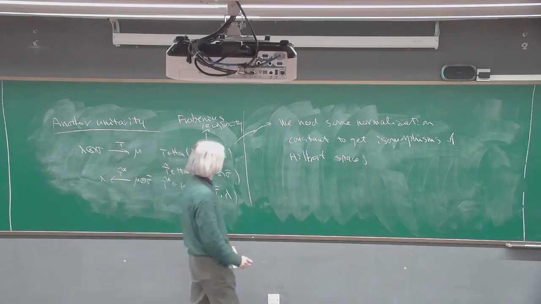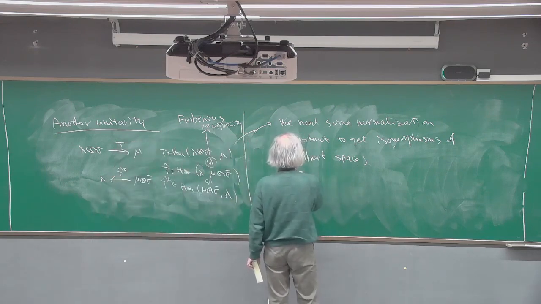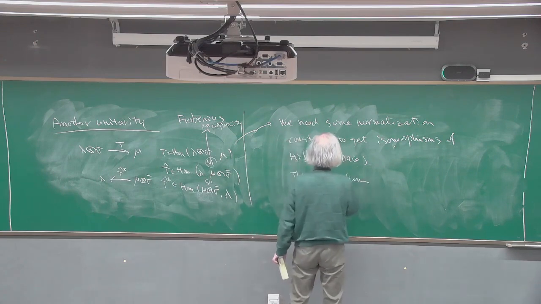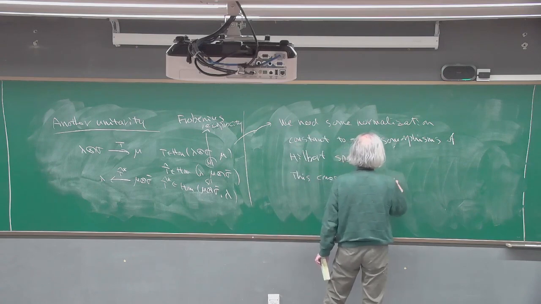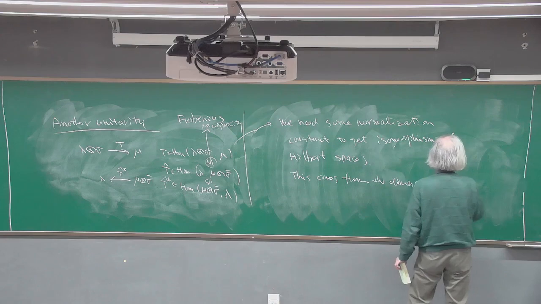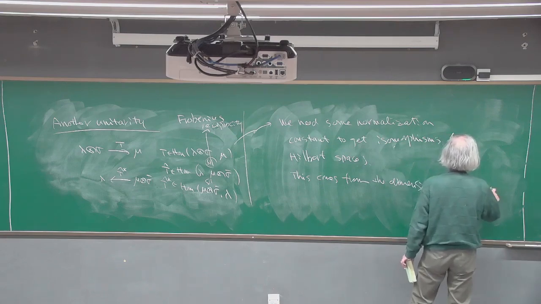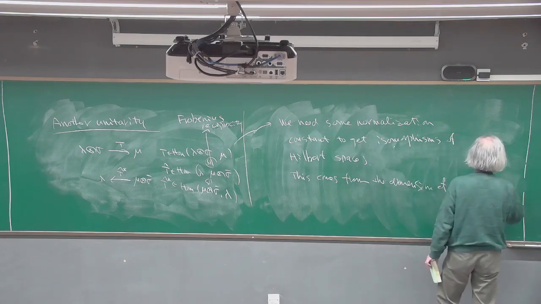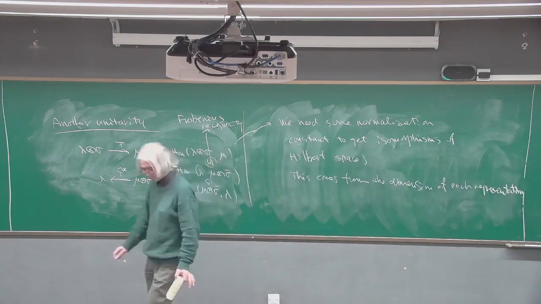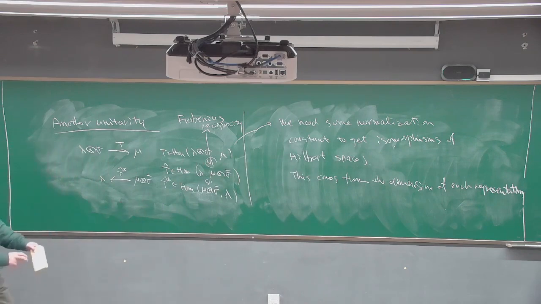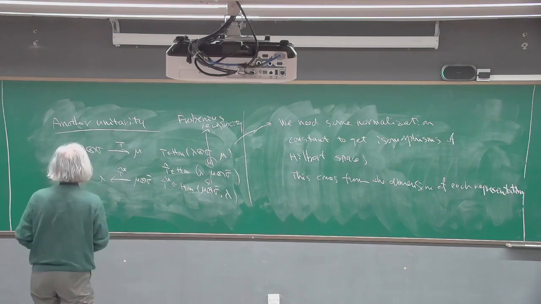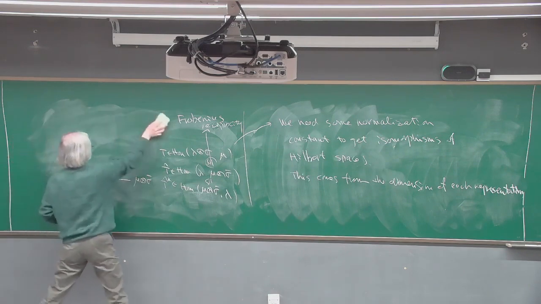And this normalization comes from a dimension. I now omit some of these coefficients, but there are some coefficients involved. Then it's something like the following.